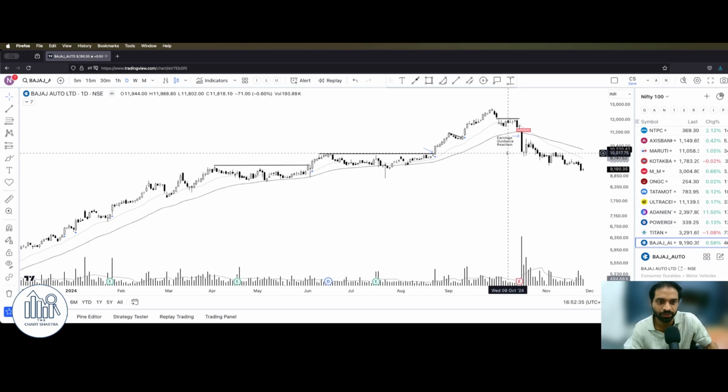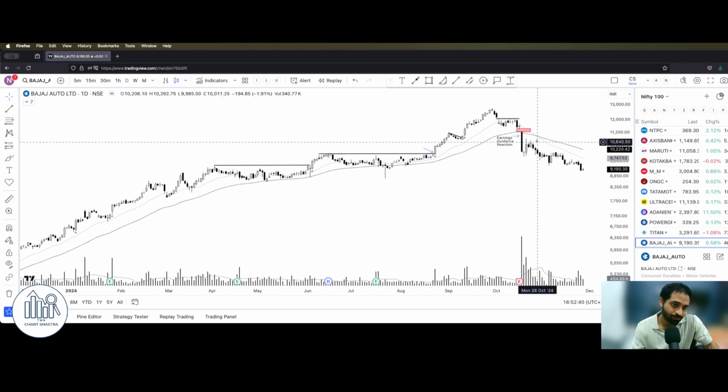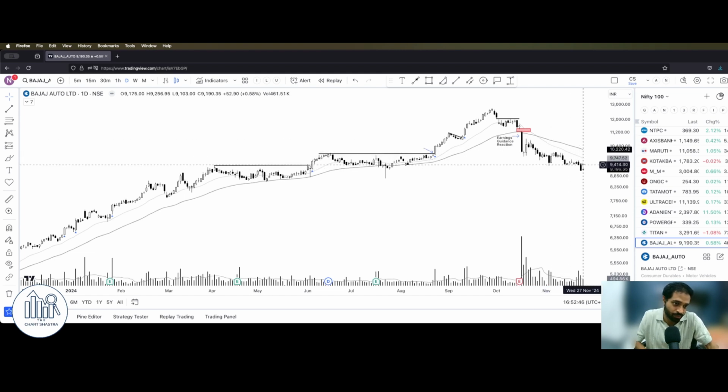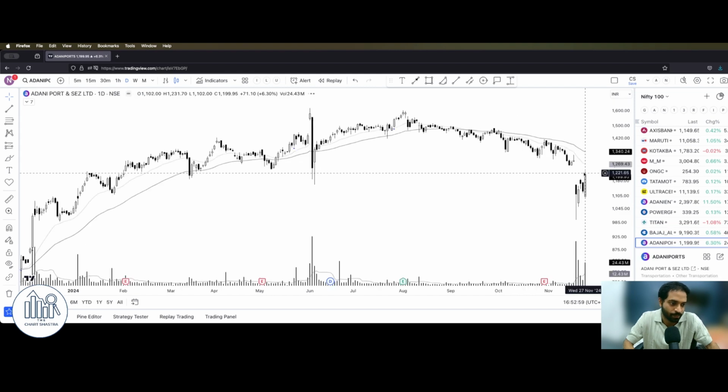Auto stocks were doing very well till the first week of October, but this has been leading the correction. As you can see, the stock tried to move back and came down, tried to move back and came down. Even yesterday and the day before yesterday, while the entire market was recovering, this stock saw massive selling. This clearly shows that institutions are offloading their shares.